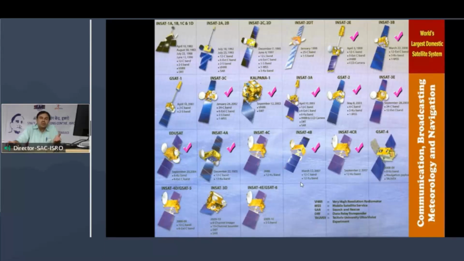Earlier we used to go to French Guiana, Kourou. You must have heard this name, Kourou. Or we go to USA for launching our satellite, or to Russia. But instead of that, now we are self-dependent, and up to 4,000 kg class of satellites we are launching from our own soil, because our launchers are capable of launching it from Sriharikota.